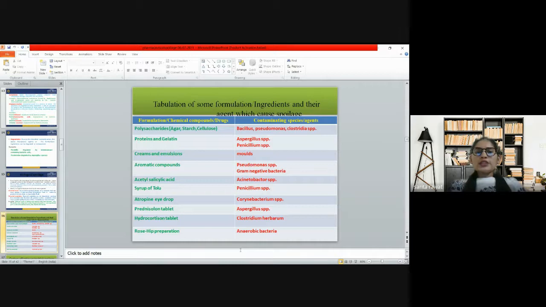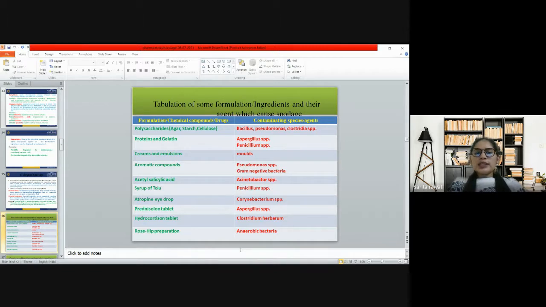Now, coming to the tabulation of some formulation ingredients and the agents which cause spoilage. The columns are the formulation, chemical compound and drug, and the contaminating species and agent. First, we have polysaccharides, that is agar, starch and cellulose. They are contaminated by Bacillus, Pseudomonas and Clostridia species.